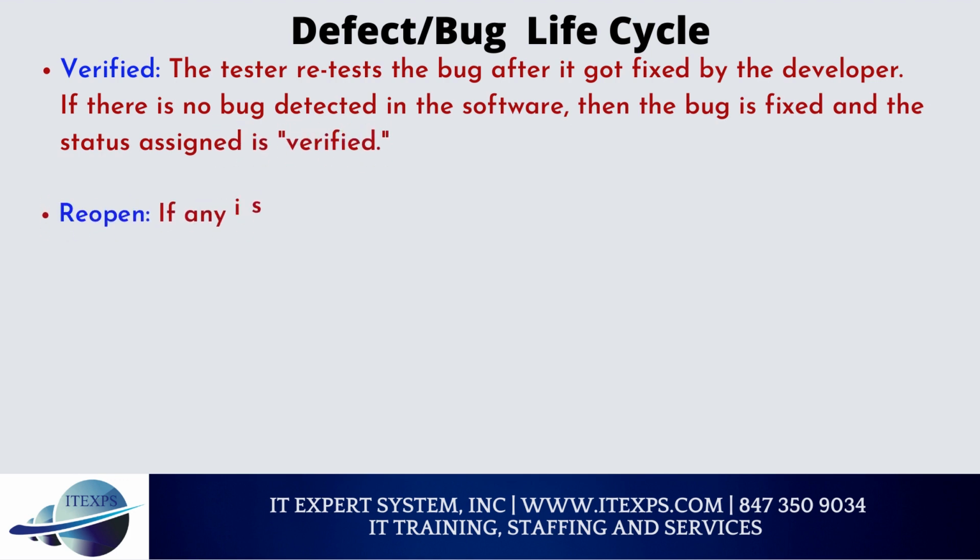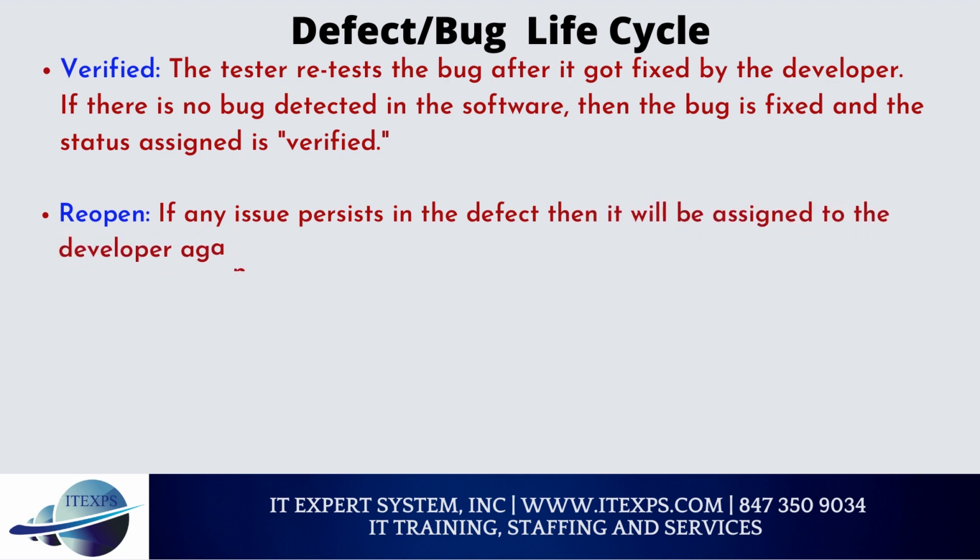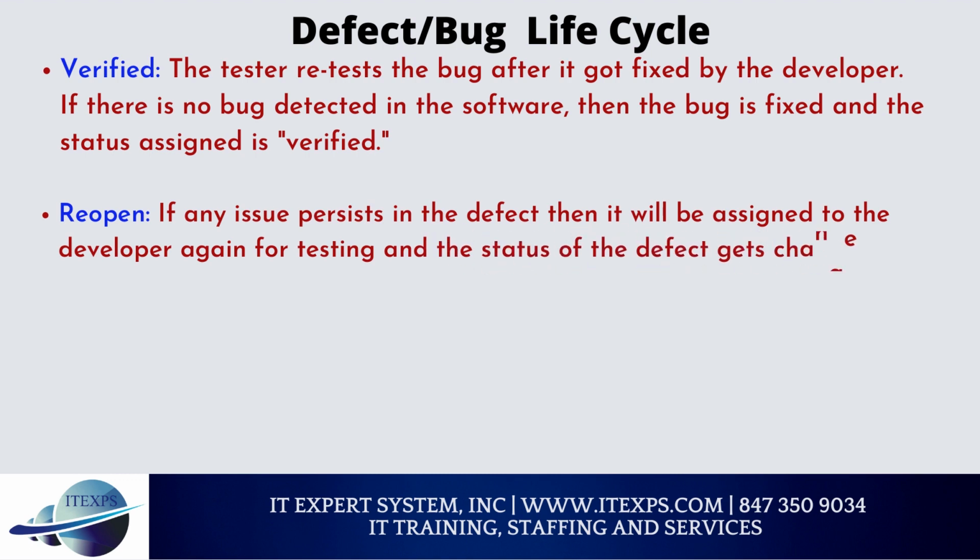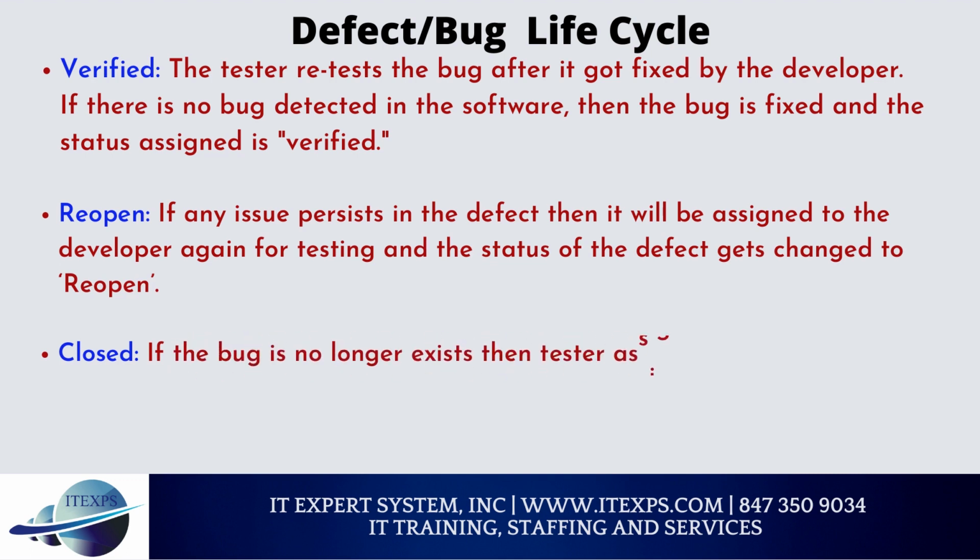Reopen. If any issue persists in the defect, then it will be assigned to the developer again for testing and the status of the defect gets changed to reopen. Closed. If the bug no longer exists, then the tester assigns the status closed.